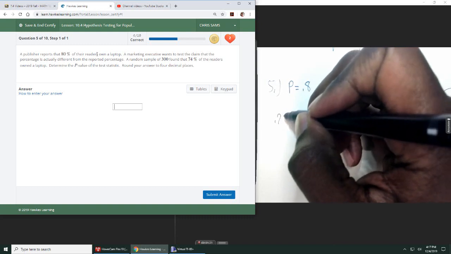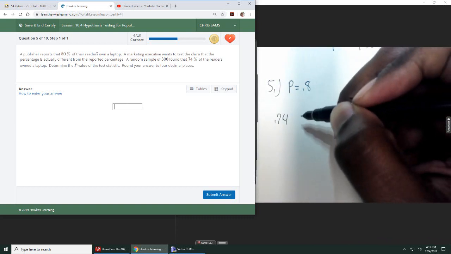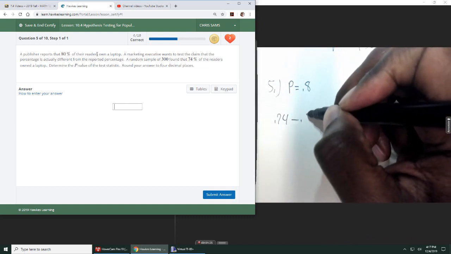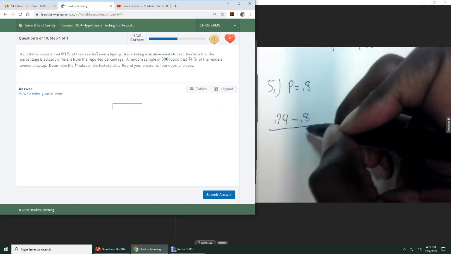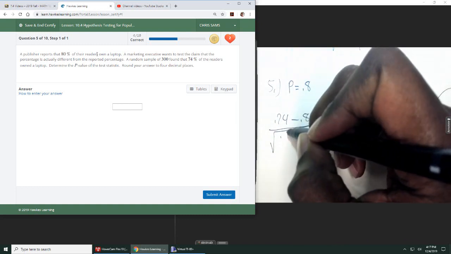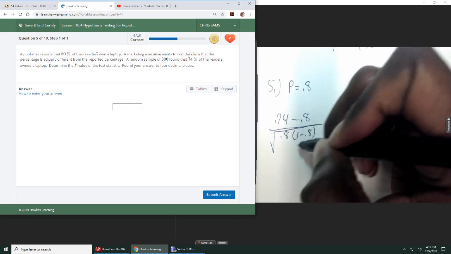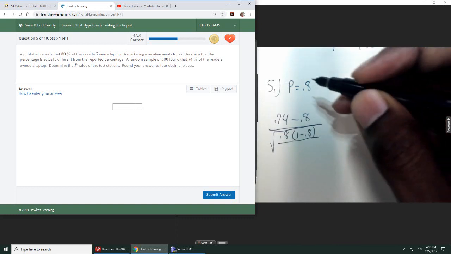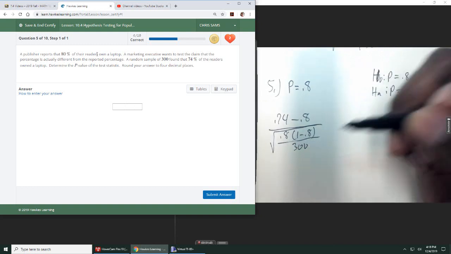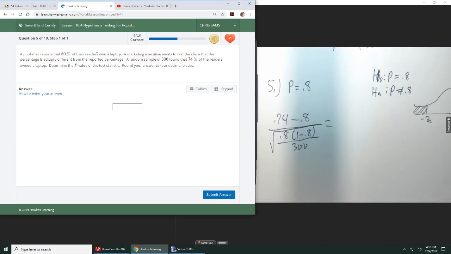We got 0.74 is our sample proportion, minus 0.8, which is our true, divided by the square root, 0.8, 1 minus 0.8, divided by the sample size of 300. Okay, so this is going to give me my test statistic.